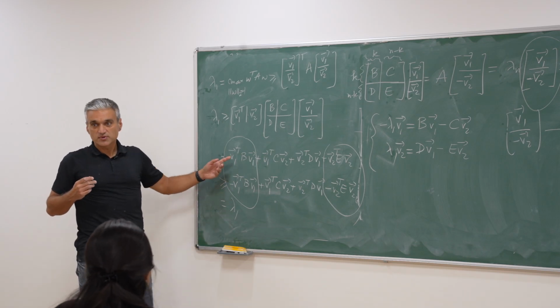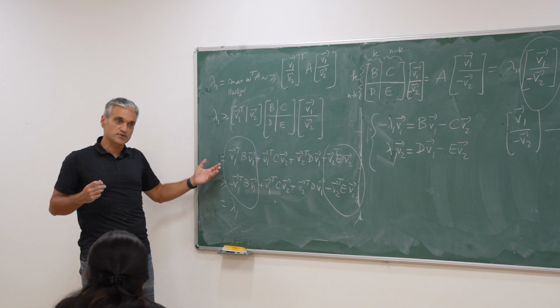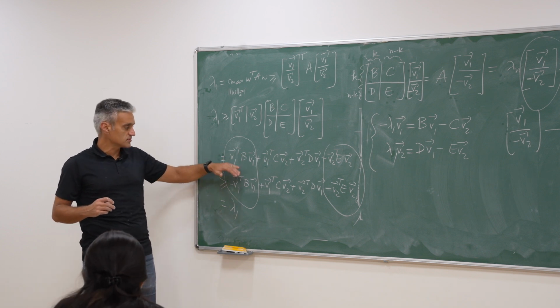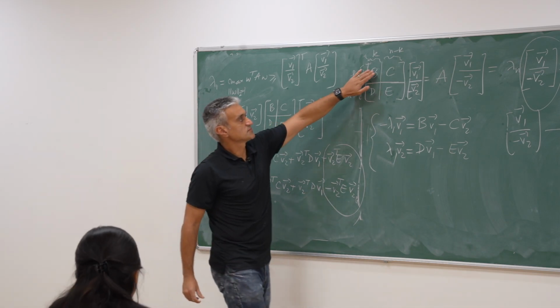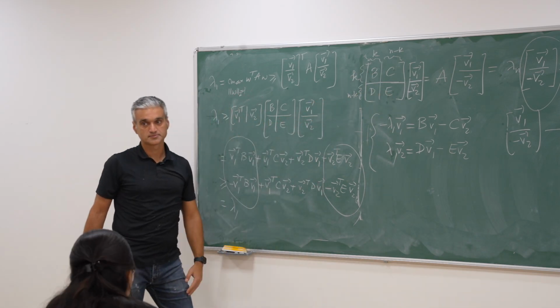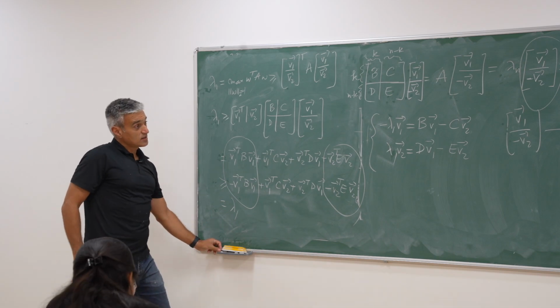For the matrix B, you're using that V1 is positive. So B and E have to be 0, and they disappear here, and you're bipartite. Okay, so this is one proof of this fact.